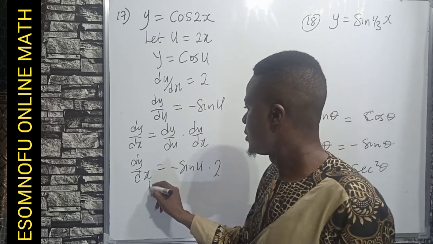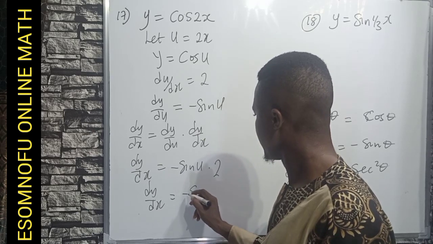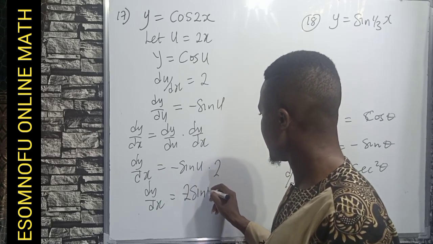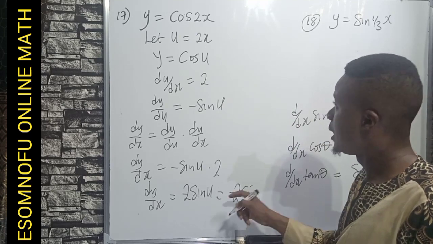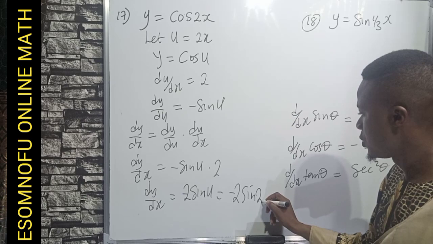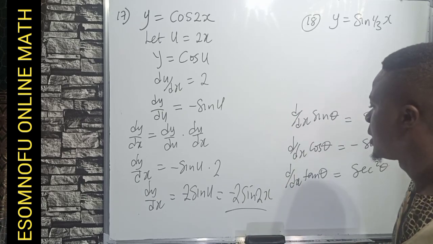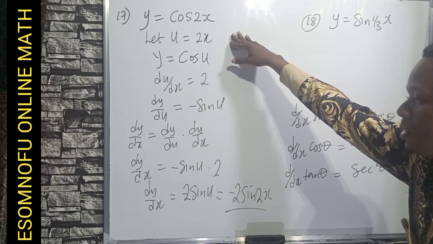If you multiply out, you see that dy dx is -2 sine u. But you know ab initio that our u is equivalent to 2x, so you remove the u and plug in 2x. So the answer is -2 sine 2x. That's the derivative of this particular function.